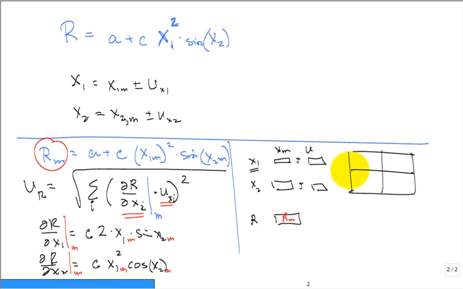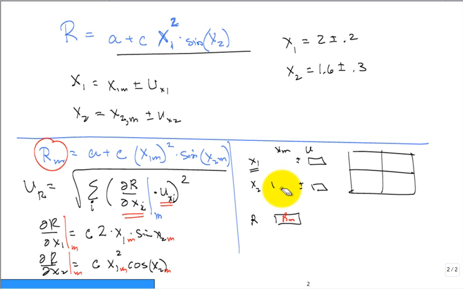If this is my function and I said x1 is equal to 2 plus or minus 0.2 and x2 is equal to, maybe you should put it in radians, 1.6 plus or minus 0.3, right? Well, then I would have right here my 2 and my 1.6, and I would have my 0.2 and my 0.3.